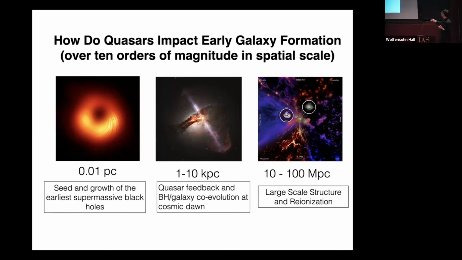And yet another few orders of magnitude larger, at the megaparsec or tens of megaparsec scale, quasars could be anchoring the earliest structure formation in the universe. And of course, they're probing cosmic reionization as well. I'm going to talk a little bit about all these three scales in today's talk, starting with the small scale, the accretion part.